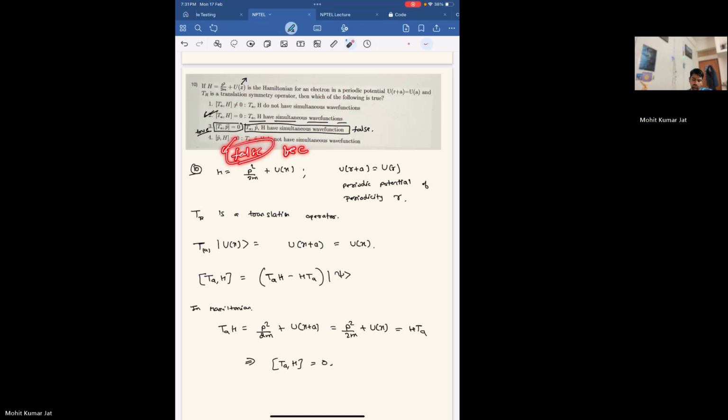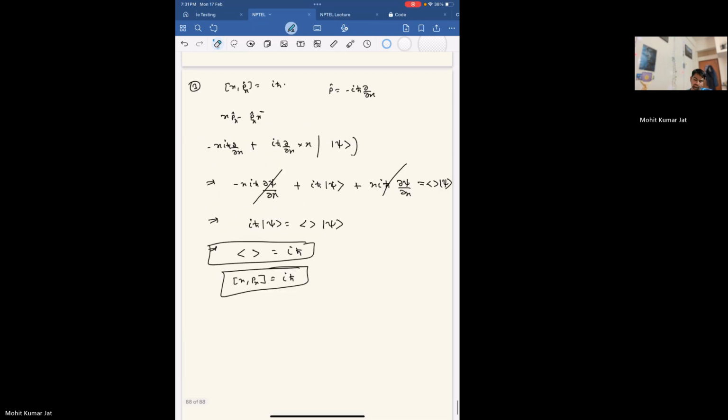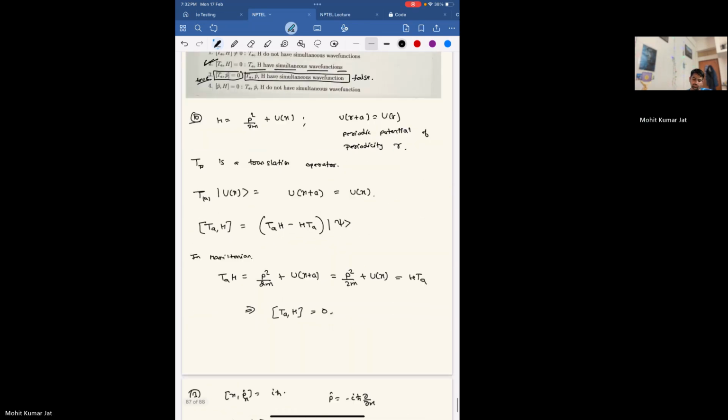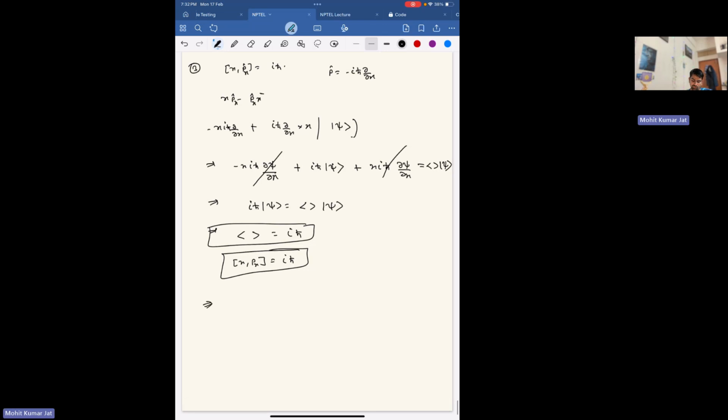Because H is a function of x, and x and p do not commute. Okay, let me write it in detail. This implies T_a and P commute, but P and H can't commute, because H has U of x and px is not equal to 0, it is equal to i h bar, which is not equal to 0.